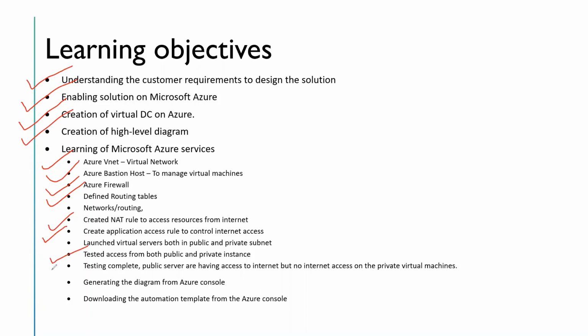Testing is complete. We are not able to access from private, but we can access from the public server. From the private virtual machine we can access only for secure purposes, for patching only.